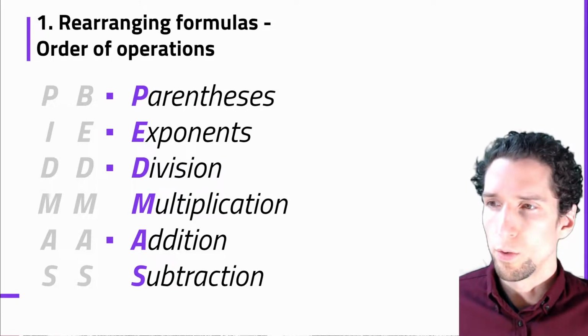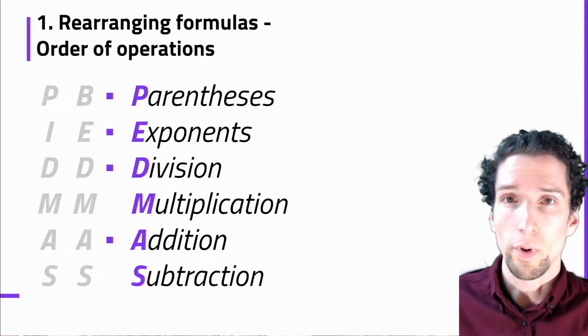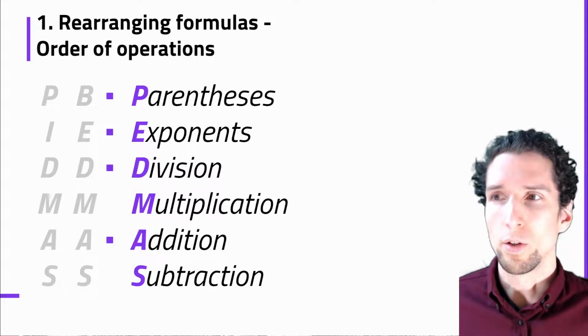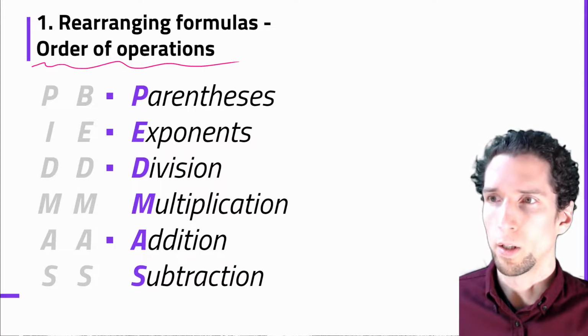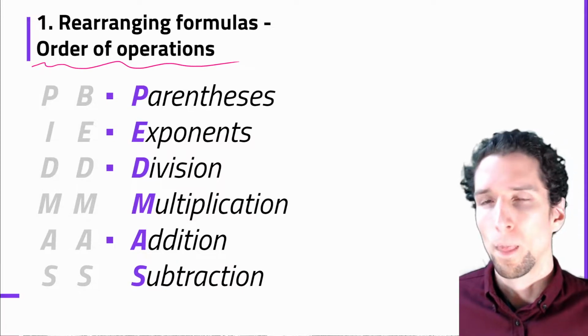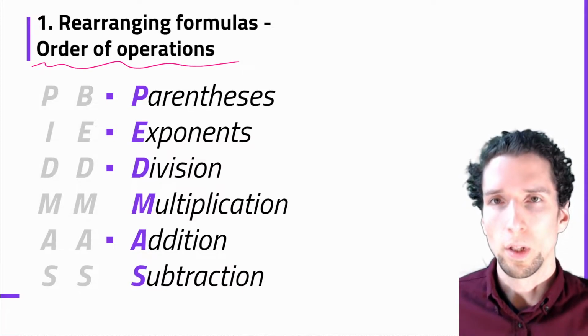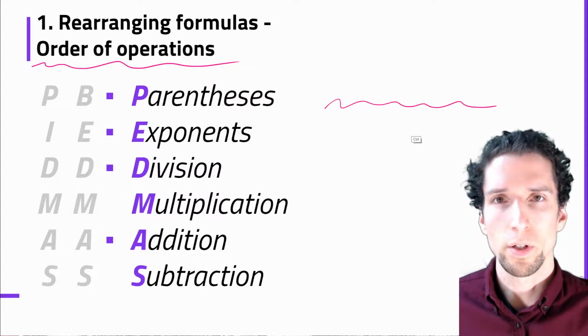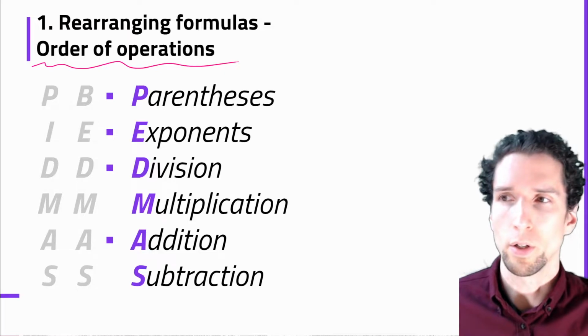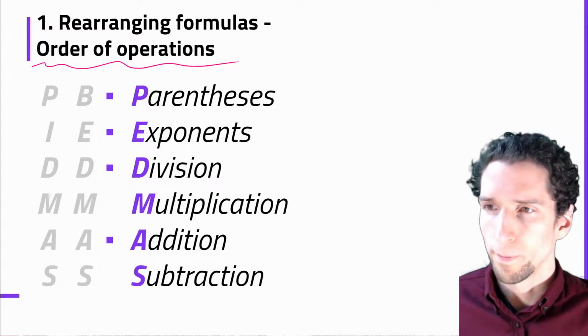The thing to talk about just before that is to remind you of the order of operations. If we have an equation with a whole bunch of stuff in it, which part comes first, which part comes second, which operation do we do first?